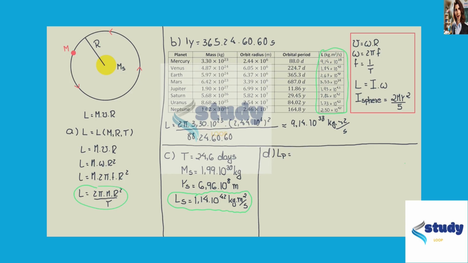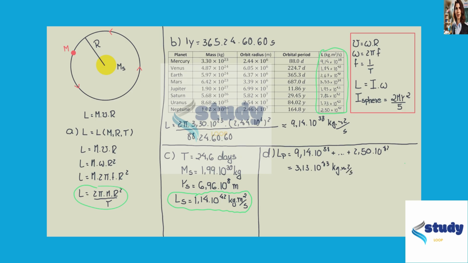By doing that, you get 9.14 times 10 to the 38 plus a lot of values plus 2.50 times 10 to the 42. By solving that calculation, you get the following total angular momentum: 3.13 times 10 to the 43 kilograms meters squared per second.